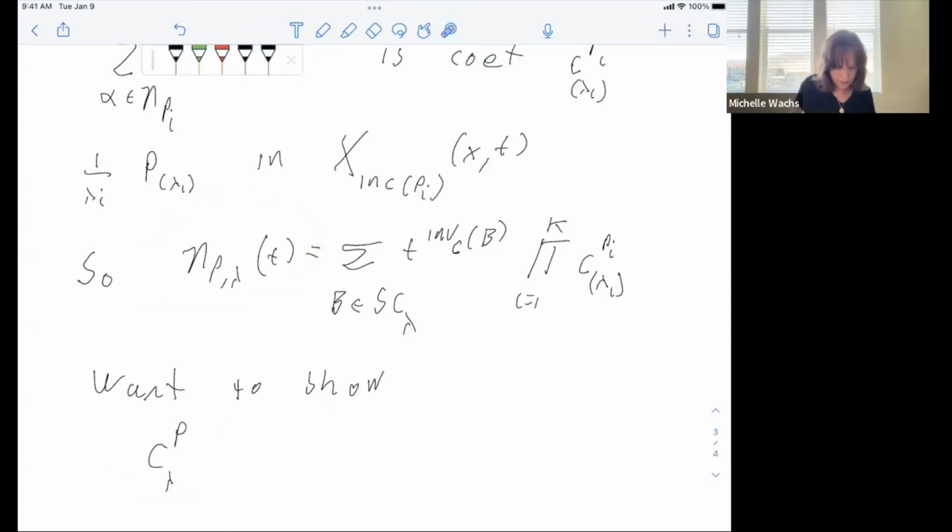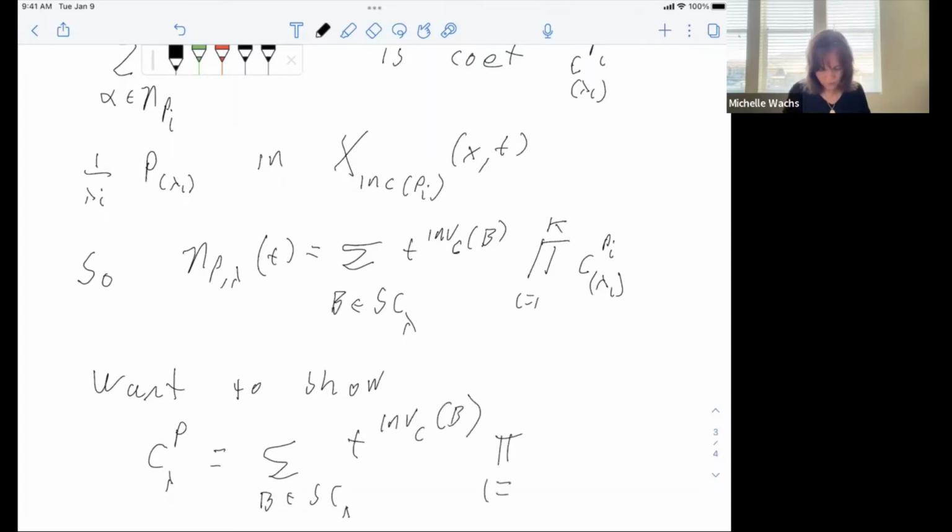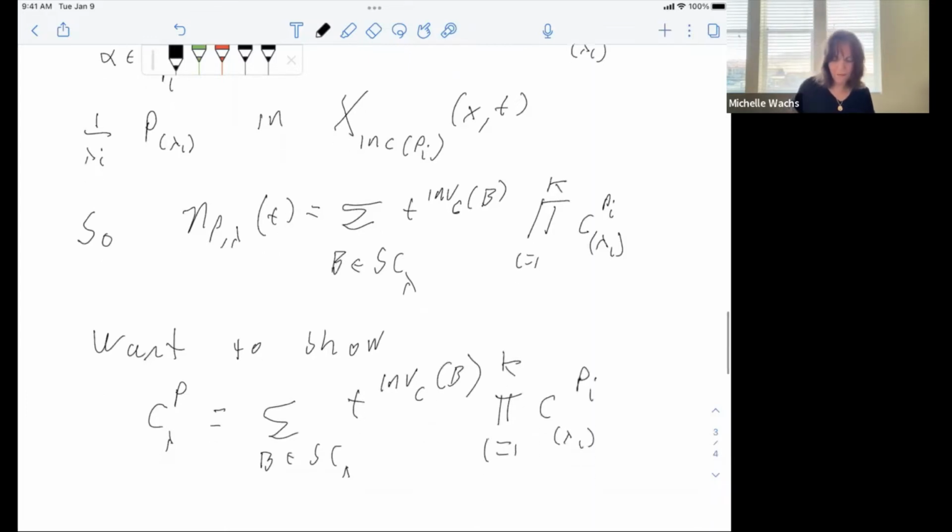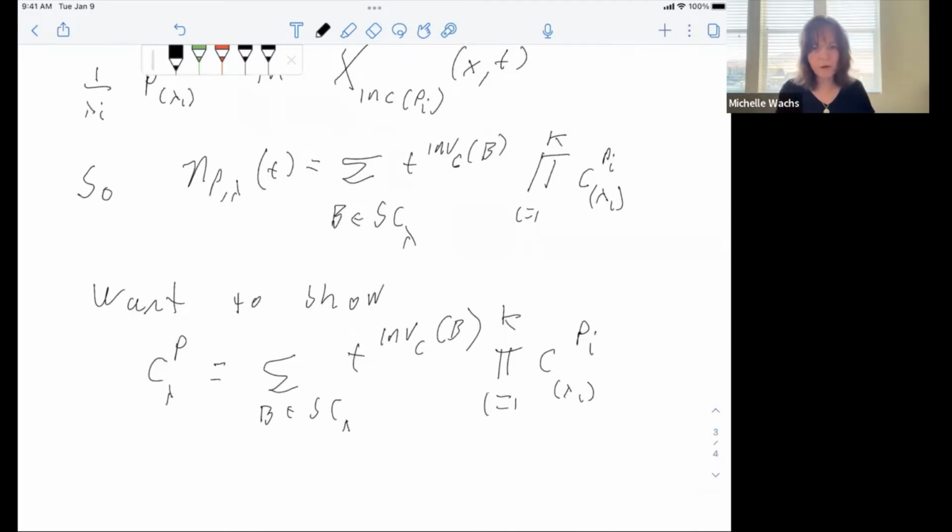So C lambda P is equal to, so that's how the coefficients are related. That's what we want to show. And then we'll prove the theorem. We can show the coefficients are related this way. That's Athanasiadis. That was his approach.